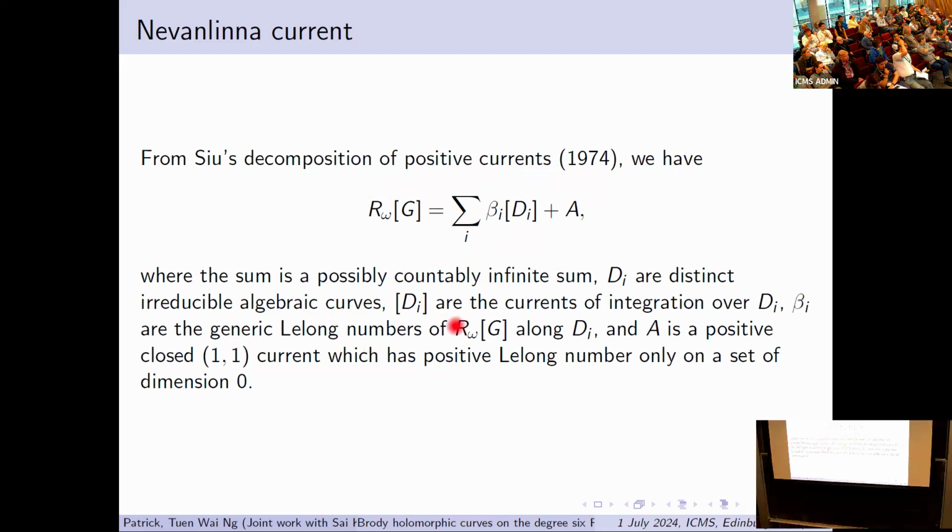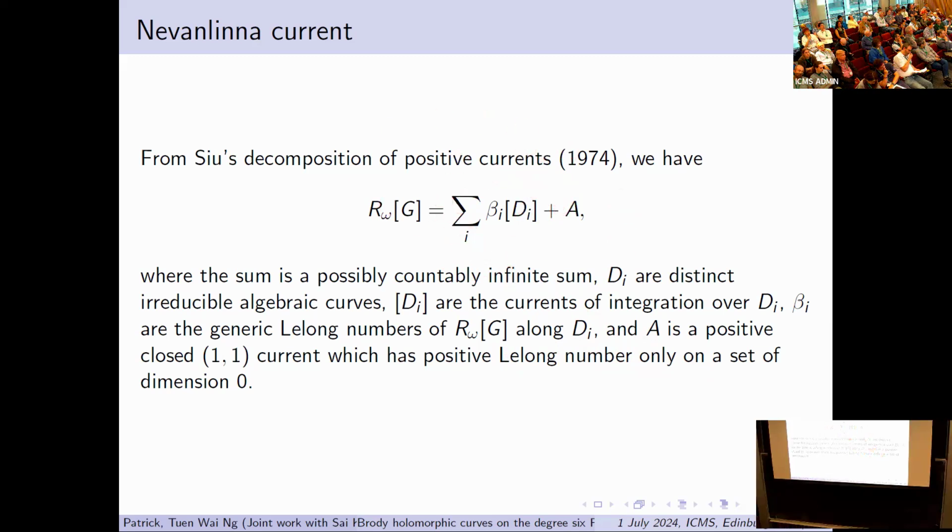And there's also a subset K which has a positive Lelong number. So essentially, for this kind of positive closed current, you have a decomposition.